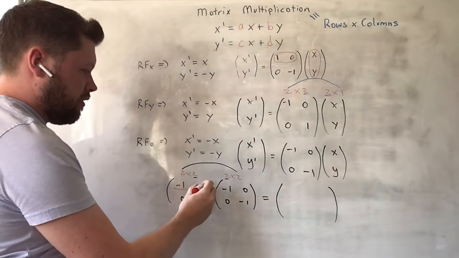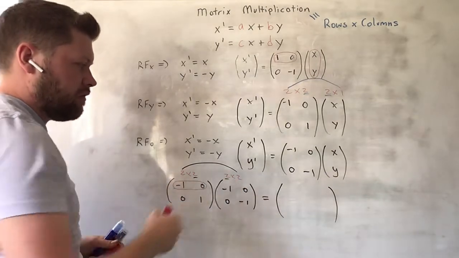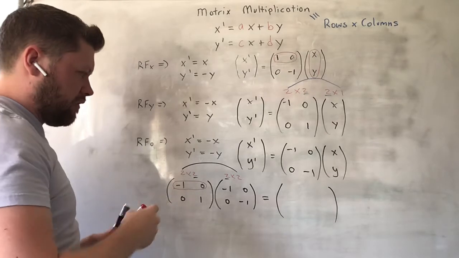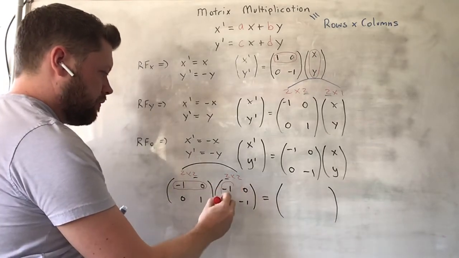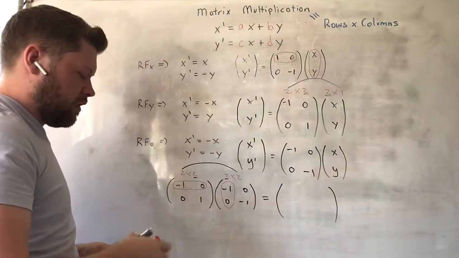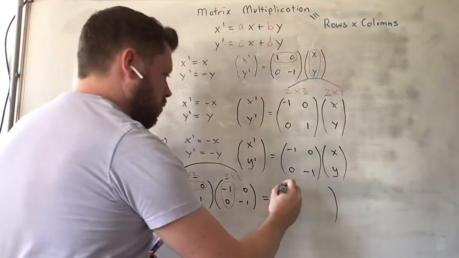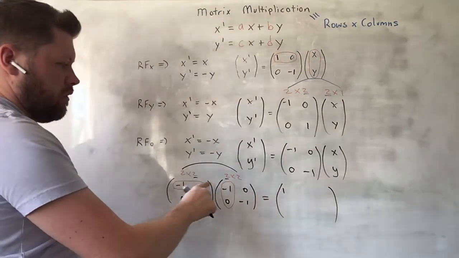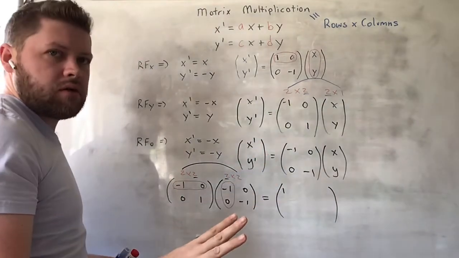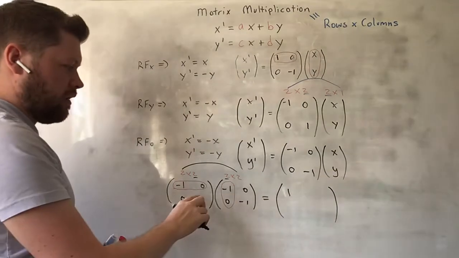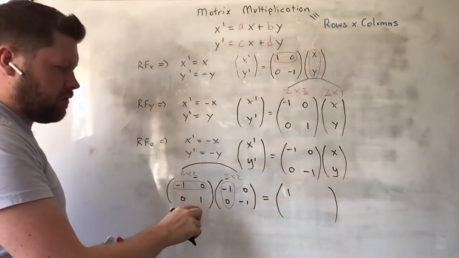So you take this row first and you multiply it by these two columns. The first row times the first column gives you minus 1 times minus 1 is 1, plus 0 is nothing. So 1 is our first number in the multiplied matrix.